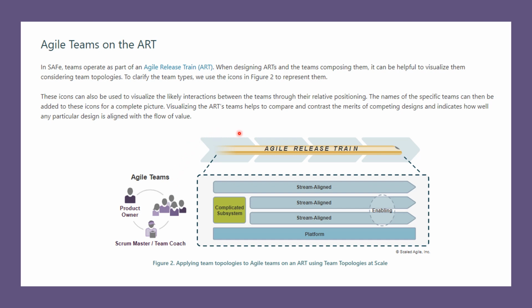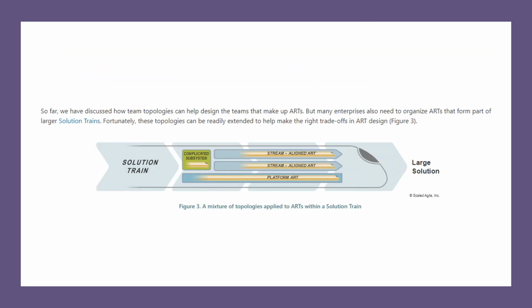Visualizing the ART's teams helps to compare and contrast the merits of competing designs and indicates how well any particular design is aligned with the flow of value. So far, we have discussed how team topologies can help design the teams that make up ARTs. But many enterprises also need to organize ARTs that form part of larger solution trains.